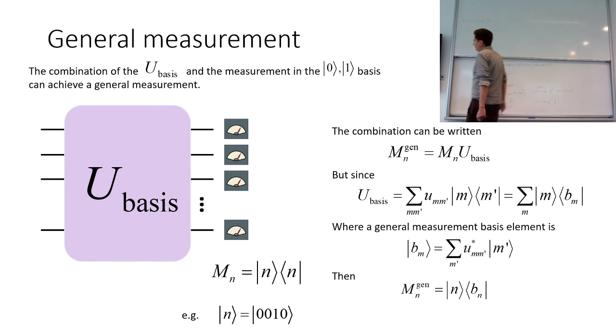If we redefine this as our basis, the basis that we're actually going to be measuring in, then we can equally write this as n times this new basis. And then what we're going to do is just multiply this one by this unitary matrix.